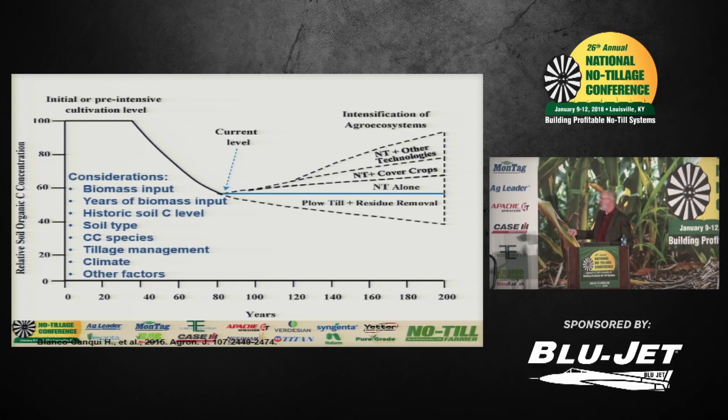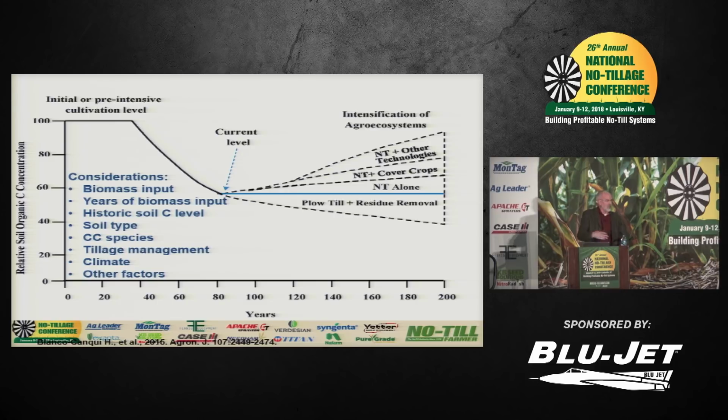If we plow-tilled and we remove residue and we didn't cover, we could drive this line further. We could lose carbon. But there are things we can do, and based upon the intensity, we can start restoring carbon. And this one up here, intensification, that would be things like, well, we're growing a lot of covers. We're growing complex covers. We're producing 10,000 pounds of cover crop biomass.